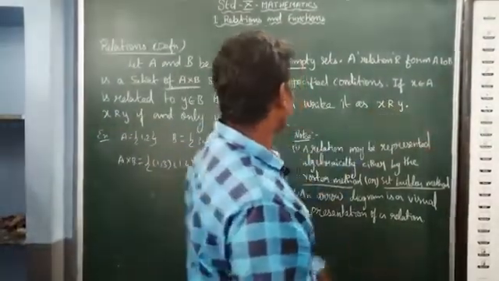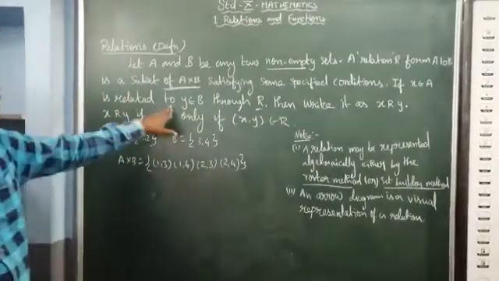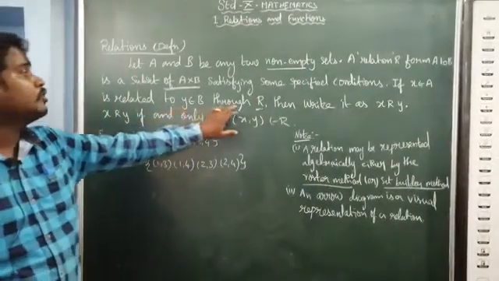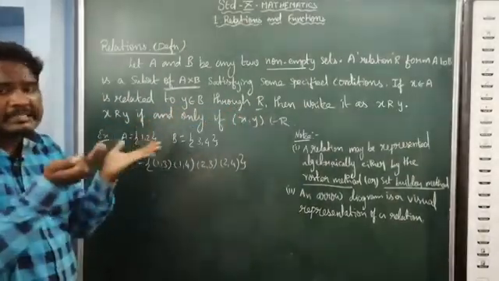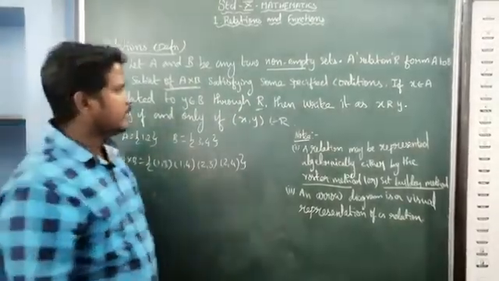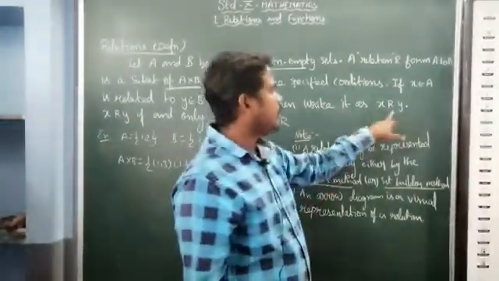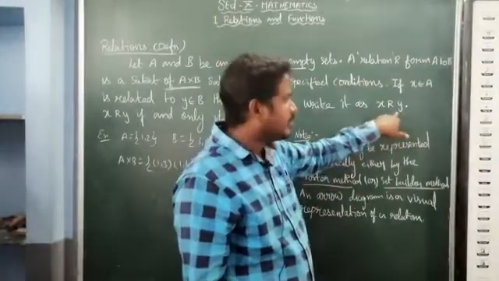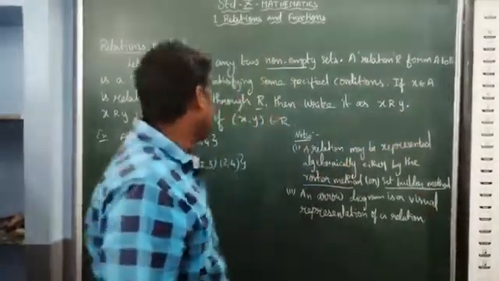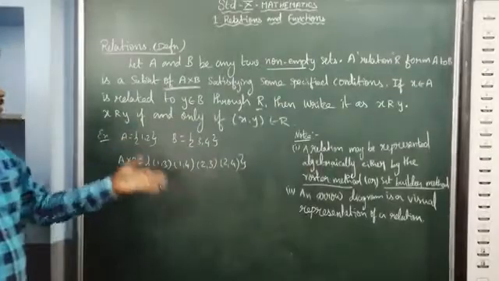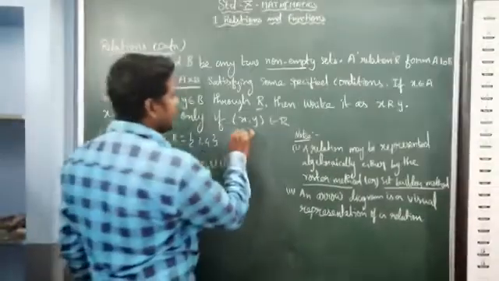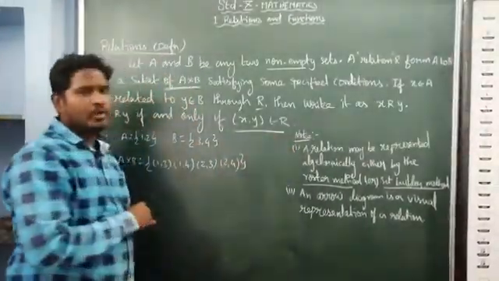If x belongs to A is related to y belongs to B through that relation, then x relation y, if and only if the condition is satisfied, (x, y) belongs to R.